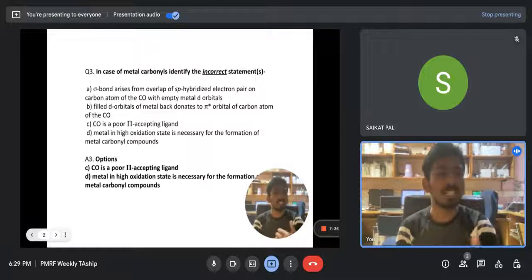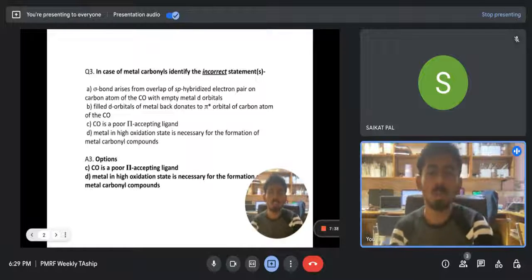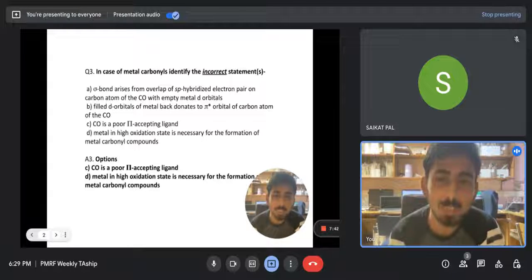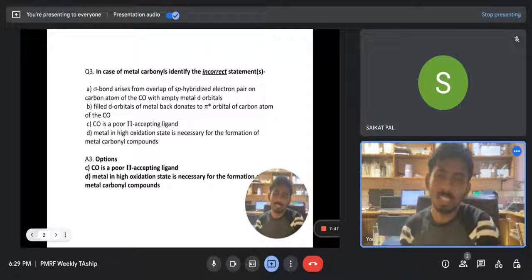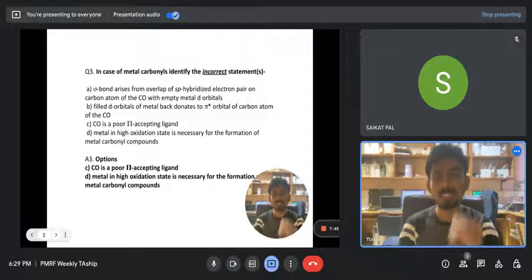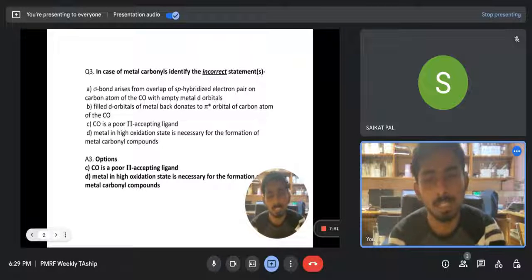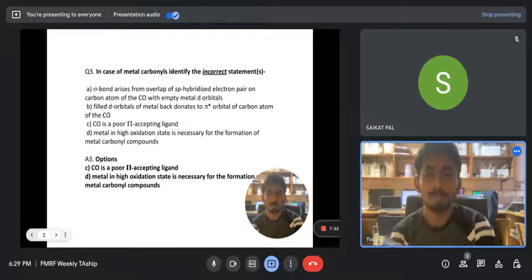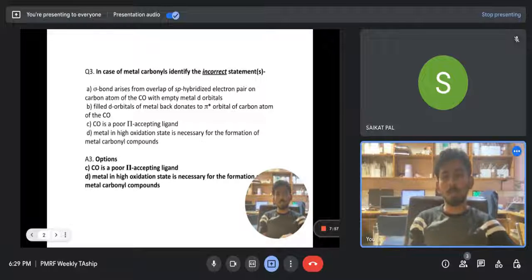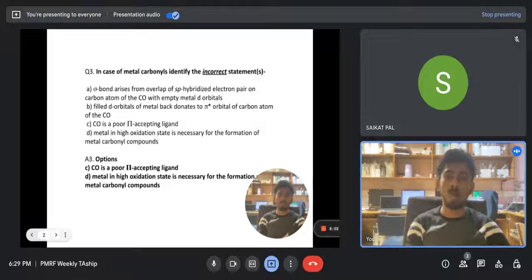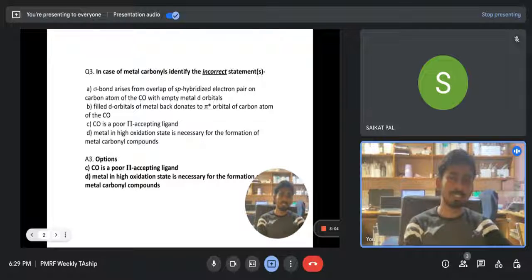But options C and D are not correct. Option C says CO is a poor pi acceptor ligand. That is not true actually, because CO is a very strong pi acceptor ligand. If you have a glance at the spectrochemical series, you will see that CO is a very high pi acceptor ligand, because in one of the resonance structures of CO, you will see that C is having a negative charge and triply bonded to oxygen, and oxygen is having a positive charge.